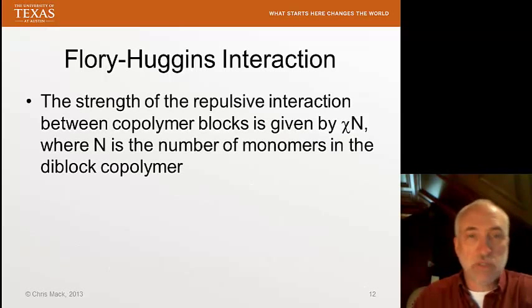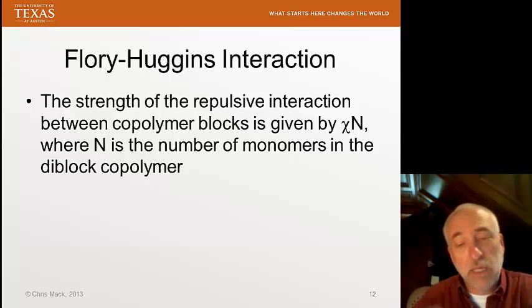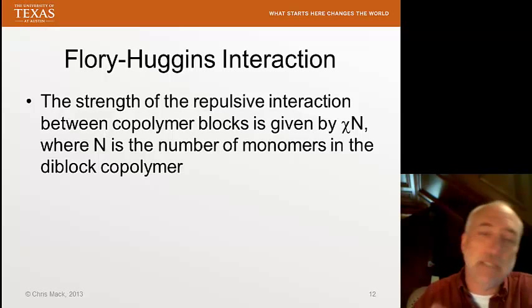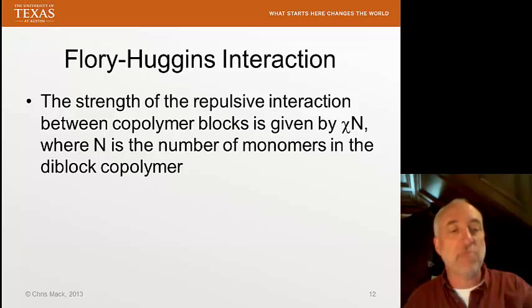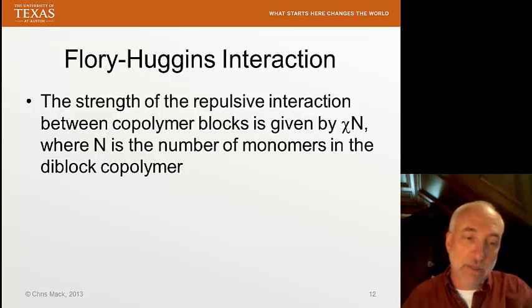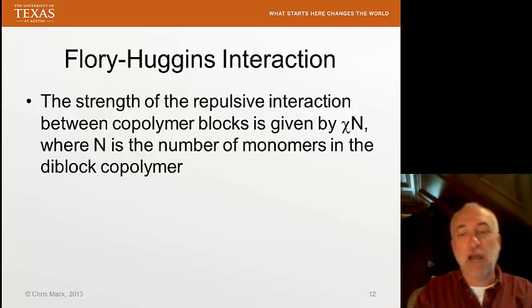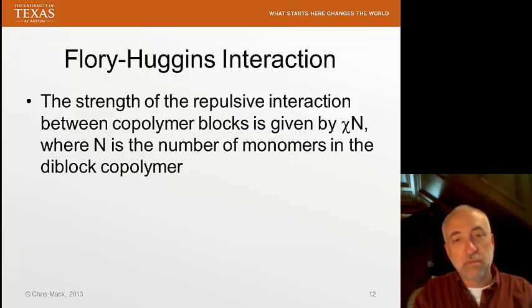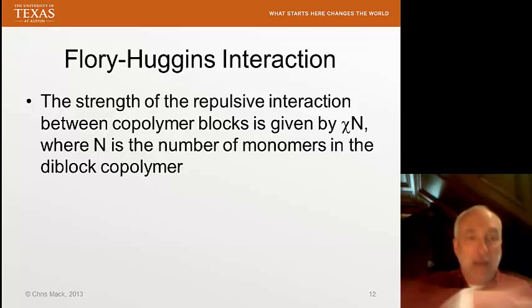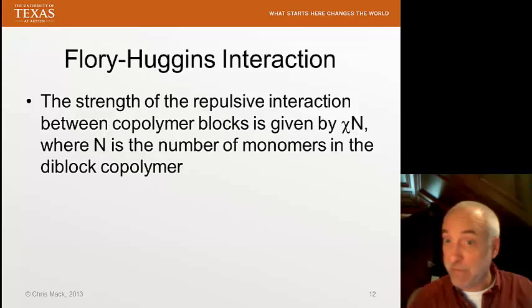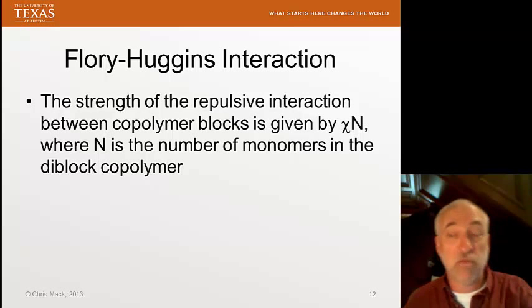So this Flory-Huggins interaction depends not only on the AB interaction, but also the length of the chain. You can imagine if I had 5 monomers connected together of A and another 5 of B, that if I rotate this polymer around, then I'll have 5 times as many interactions of A's and B's than I had before.